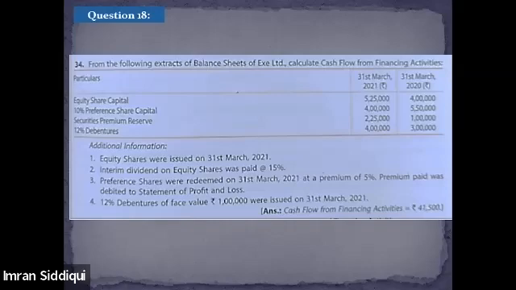But the question specifically says that the additional equity is issued on 31st of March 2021. So since it has been issued on the 31st of March 2021, on the additional equity shares we are not obliged to pay the interim dividend.